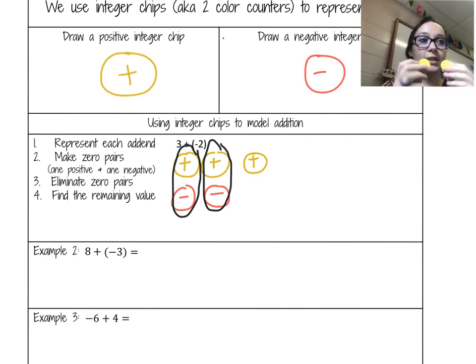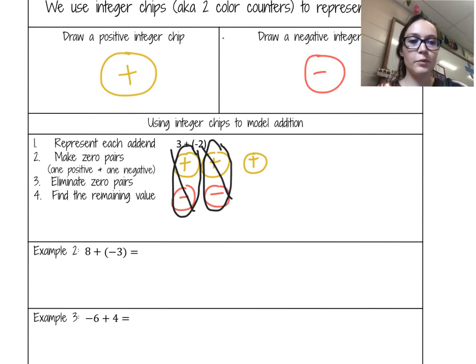And since those make 0, right, a positive plus a negative makes 0, I can take them away. So I'm going to cross those guys off. Okay, then you're going to find the remaining value. I'm left with 1 positive integer chip, so that equals 1, a positive 1.